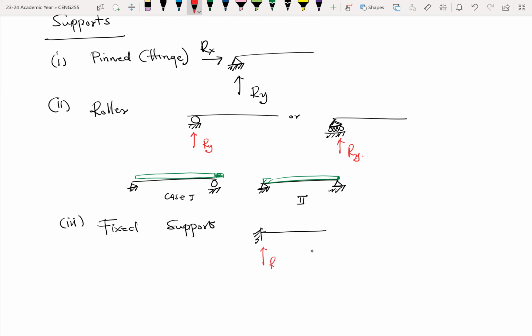So there's the Ry, there is the Rx, and there's also an unknown moment, M. So let me just call it M. Okay. So these are the three unknown reactions for the fixed support. So for a pin support, there are two. Okay. For a roller, it's mostly one. And then for the fixed support, it's three reactions.